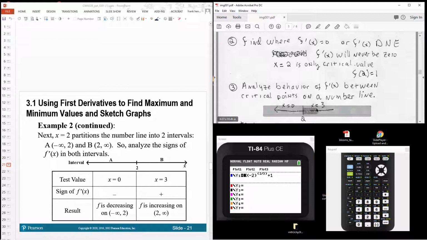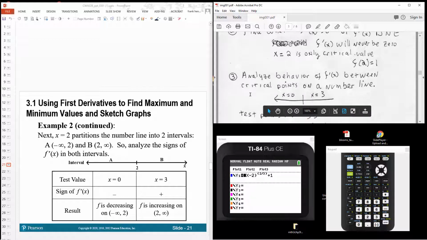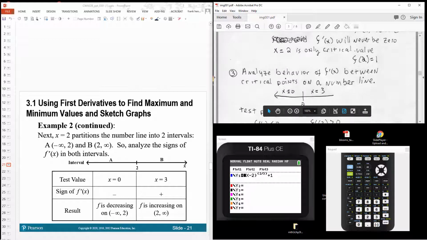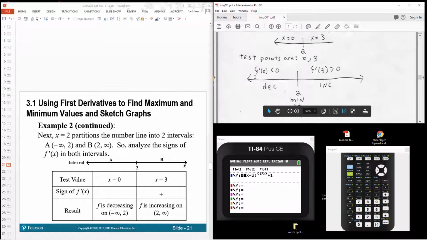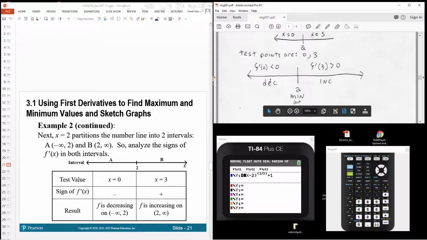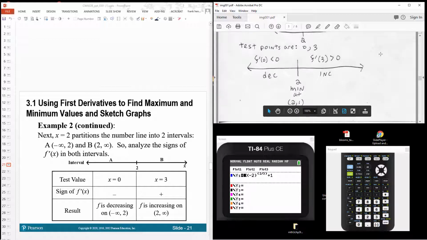So we can partition the interval into 2 intervals and check the behavior on both sides using the test values of 0 and 3. The test points are 0 and 3. So I'll plug in on either side of 2. When I do that, I get decreasing on one side and increasing on the other. So if it's going down and then up, I have a minimum. A minimum at 2, -1.